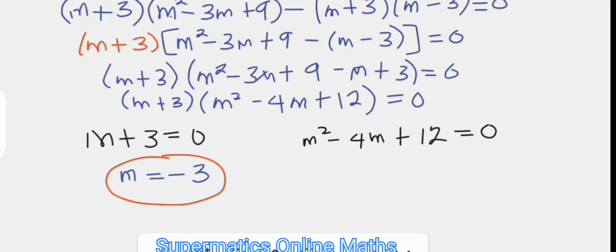For the second solution, we have a quadratic equation, and there a is 1, the coefficient of m squared. B is negative 4, and C is 12.